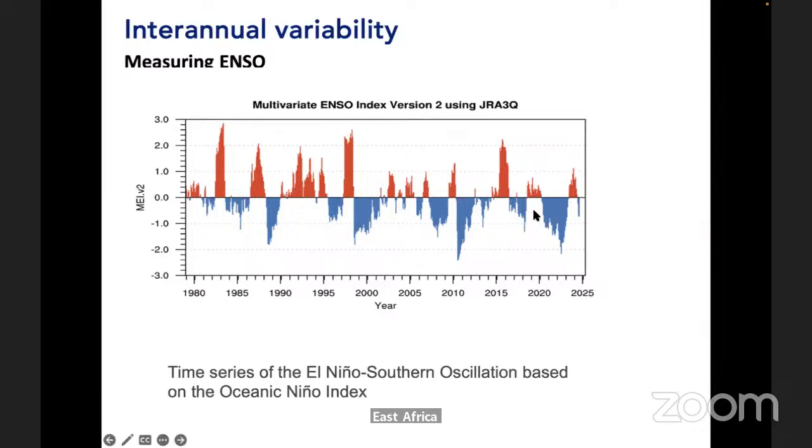And it's La Nina which hit Eastern Africa from 2020 onward. You can see that 2021, even 22, resulted in very dry March, April, May in Eastern Africa. The same led to very good rainfall during June, July, August over Ethiopia.